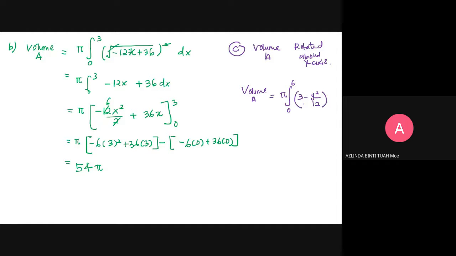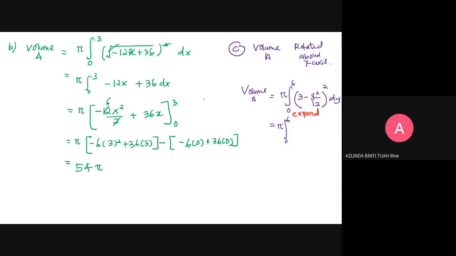Remember, this is volume, so you have to square your function. Simplify first, meaning we have to expand. I would like to remind you, the only way to integrate this function is to expand the bracket twice.